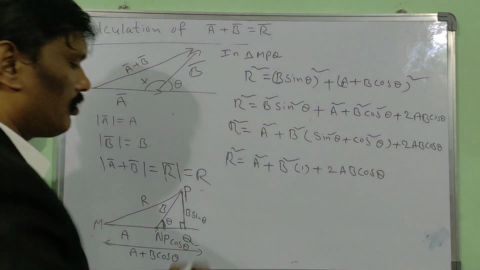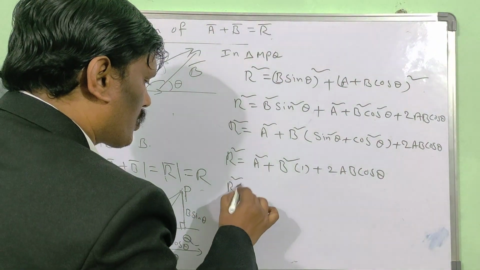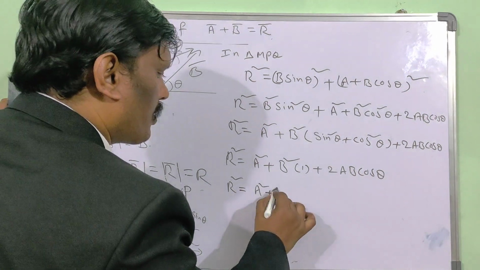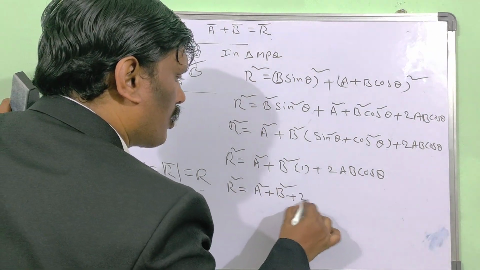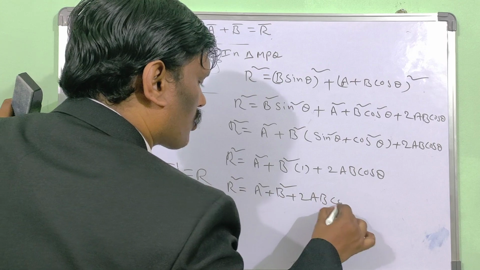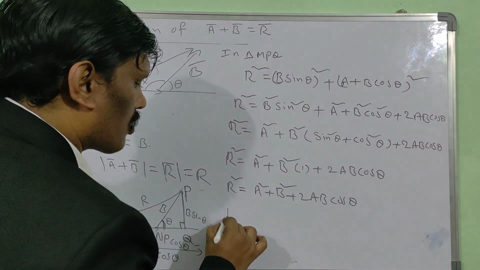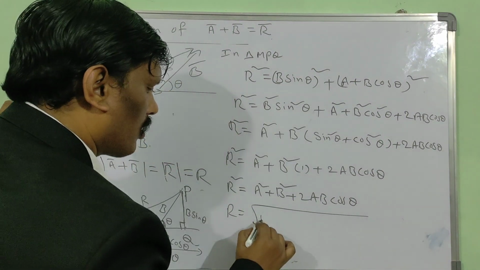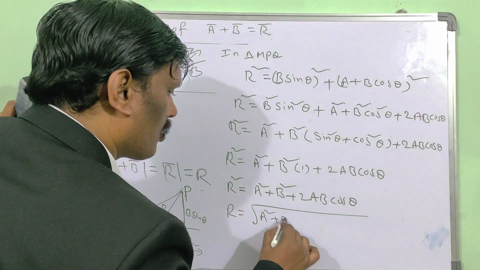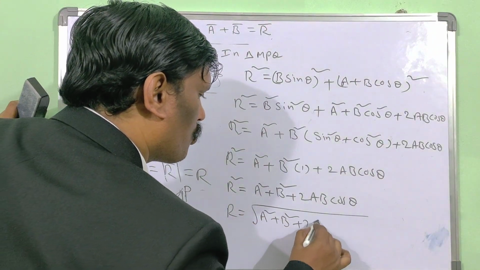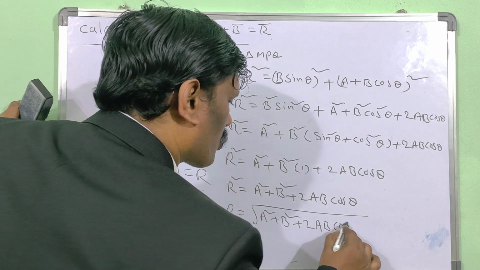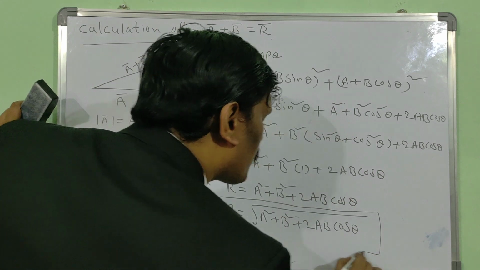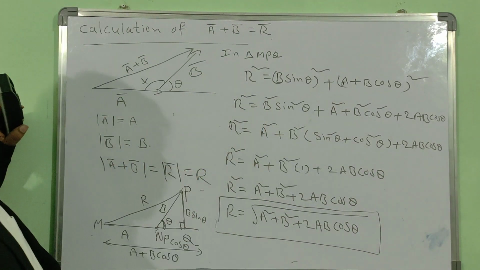So R square is equal to A square plus B square into 1, B square only, plus 2AB cos theta. Now what is R? The square transposes to the other side as a square root: A square plus B square plus 2AB cos theta. So this is the length of the resultant vector of A bar and B bar.